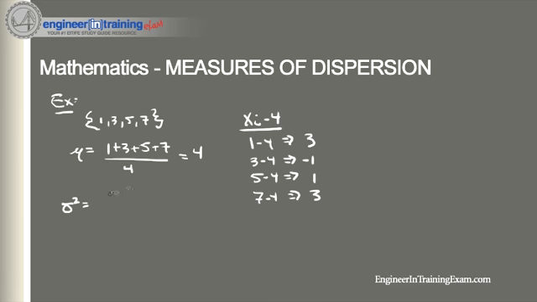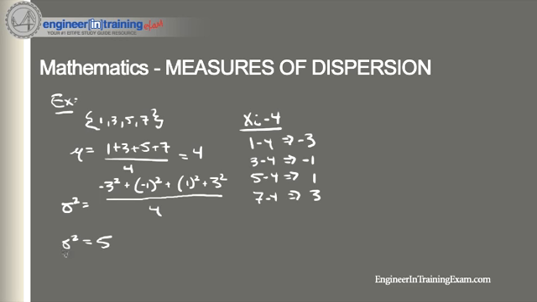So all we need to do is sum all those up, square them, and divide them by the number of observations to get the variance of the population. So we got negative 3 squared plus negative 1 squared plus 1 squared plus 3 squared divided by 4, and we just calculate that out and find that the variance is going to be equal to 5.